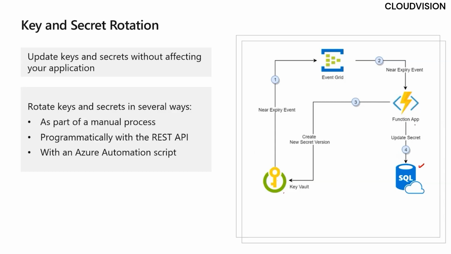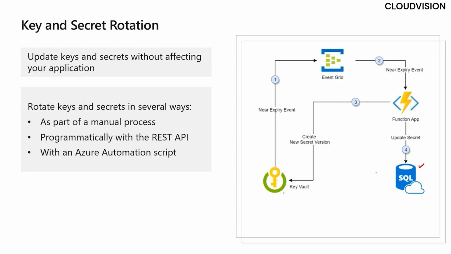Next, once the function app gets started, the new secret version will get updated. A function app is nothing but a kind of small application where we don't define any sort of code. And using the function app, the key vault will generate a new version. A new version will get created. Once the new version gets created, it will be updated in the key vault for this particular SQL service.